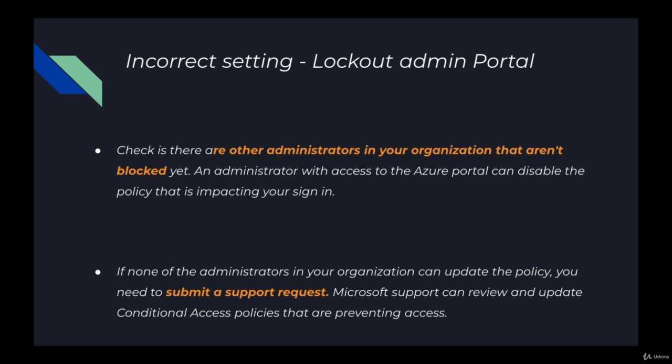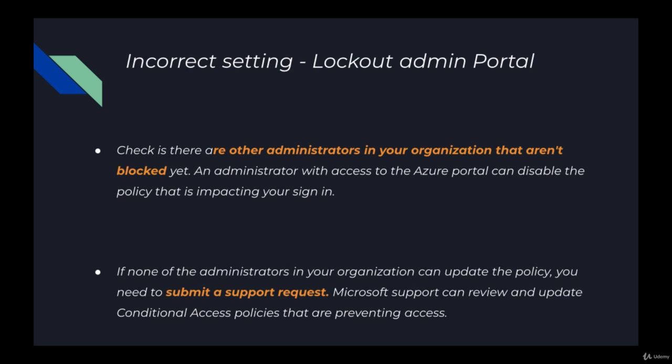In the first lecture we also understood that the main purpose of applying conditional access policies is that users should be able to perform their day-to-day tasks, and along with that the organization's security needs to be implemented. There is a possibility that while implementing the policies, incorrect settings get implemented and the administrator gets logged out of the admin portal.